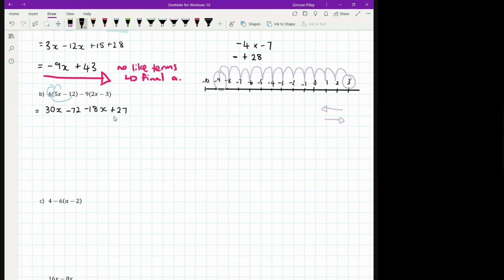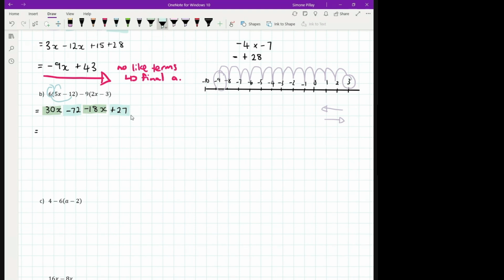Why was it positive? Because a negative times a negative is a positive, ma'am. Very well done. So next? Then, ma'am, we're going to look for the like terms, and so the like terms are 30x minus 18x, and then negative 72 plus 27. Yep.